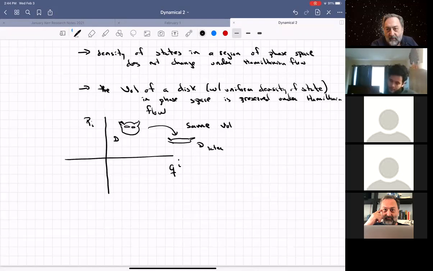It will not make the volume go to zero. So Hamiltonian flow preserves the volume in phase space of ensembles of systems.